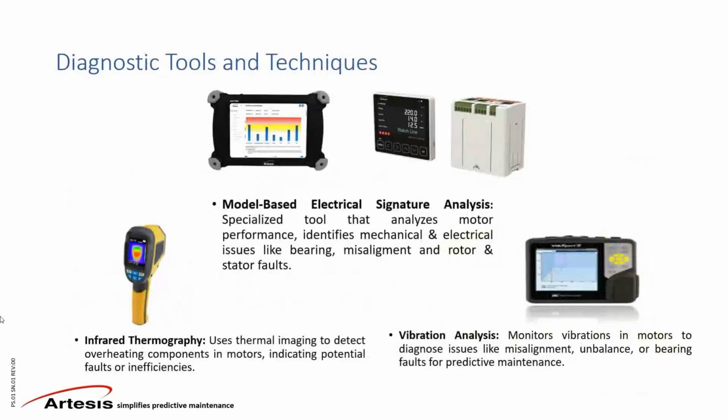And of course, there are different techniques that you can utilize and deploy in your maintenance practices. Of course, thermography would be one of them to see the thermal energy inside the motor. Vibration analysis can be used to detect mechanical issues.